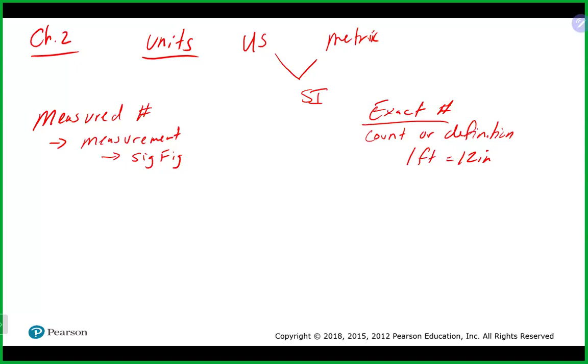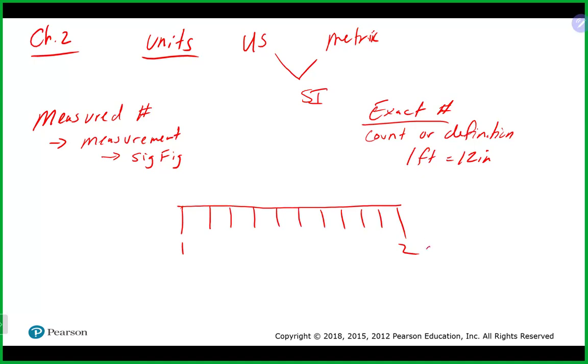Now, we talked about taking proper measurements, and again, a reminder that whenever you take any type of measurement, there is always going to be some degree of uncertainty associated with that measurement, really some degree of estimation that has to occur.